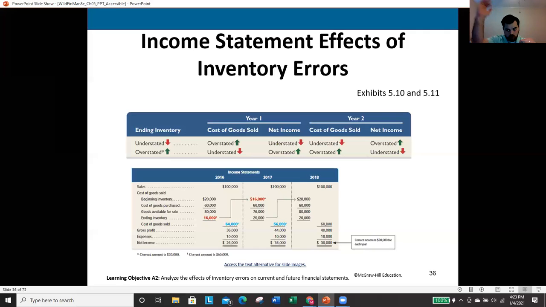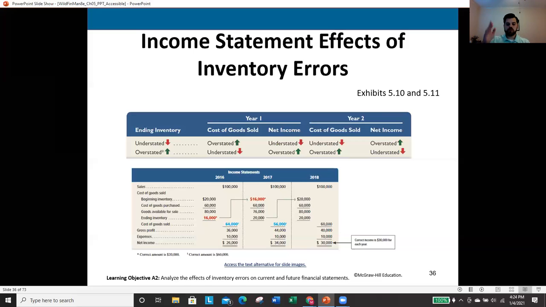And if cost of goods sold is too high, then net income is too low. And if net income is too low as a result of that ending inventory being understated, then that means that next year's beginning inventory is understated, which means that next year's cost of goods sold is understated and next year's net income is overstated.